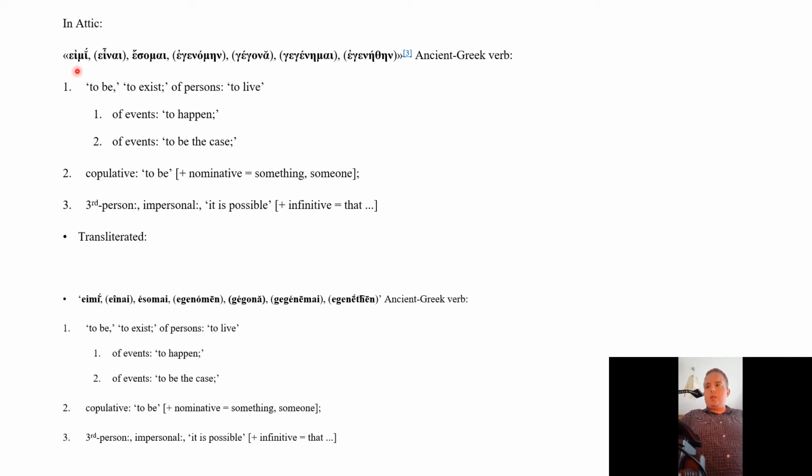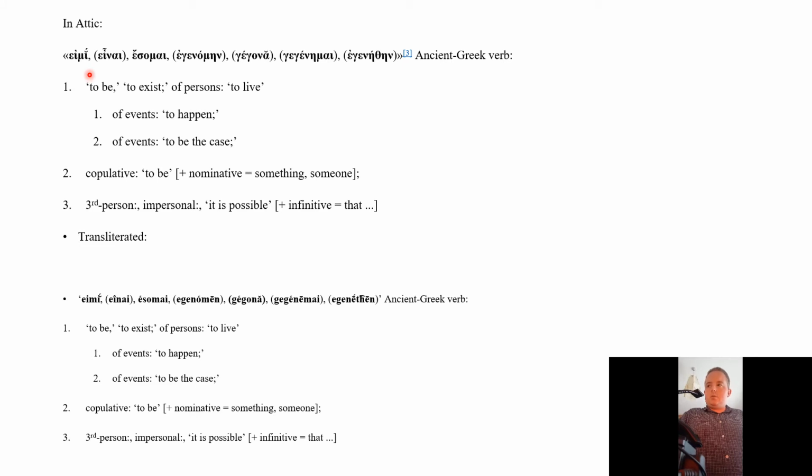So eimi doesn't take an accusative, rather it takes a predicate nominative, and verbs which take as their object a predicate nominative are called copulative verbs, because most transitive verbs take an accusative.